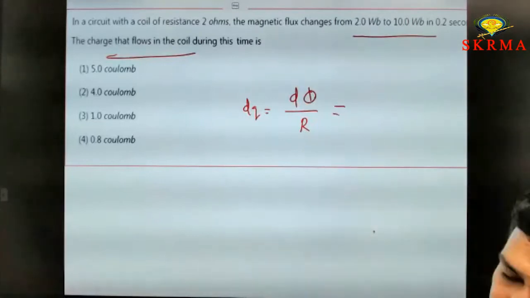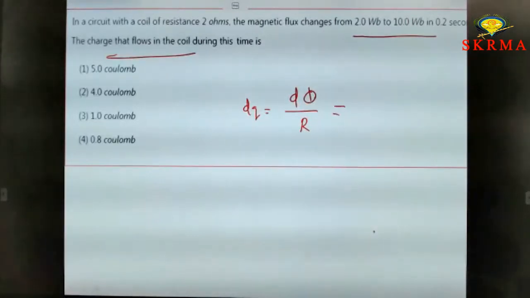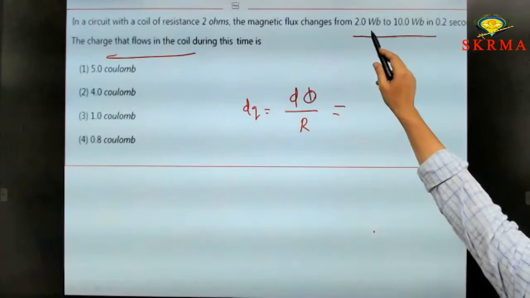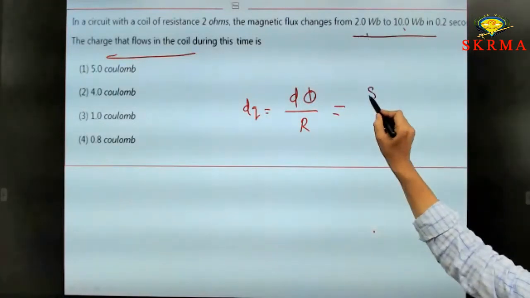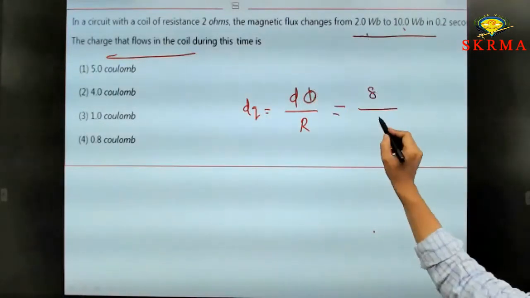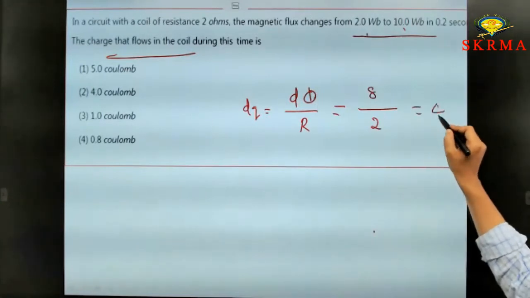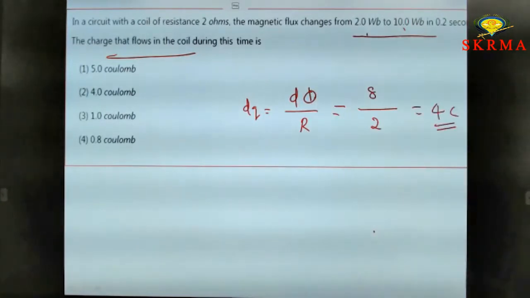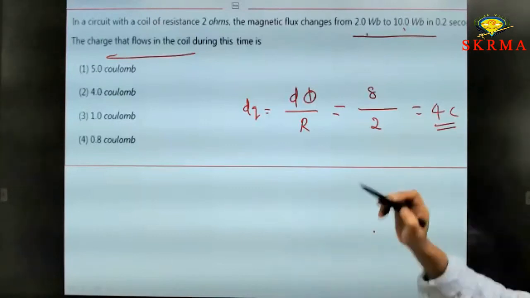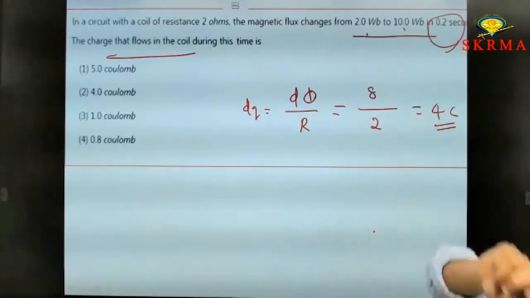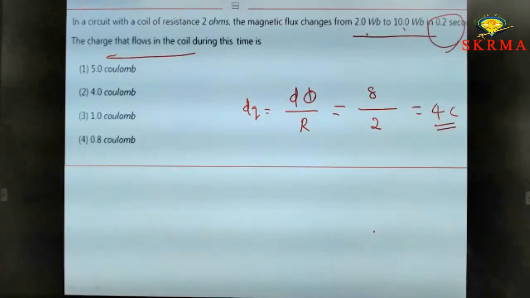What is d phi here? You have to calculate the change: 10 minus 2 is 8, by the resistance, 2. The extra parameter given is time, which is not required here. Whenever you use the formula for charge, you can apply it directly.